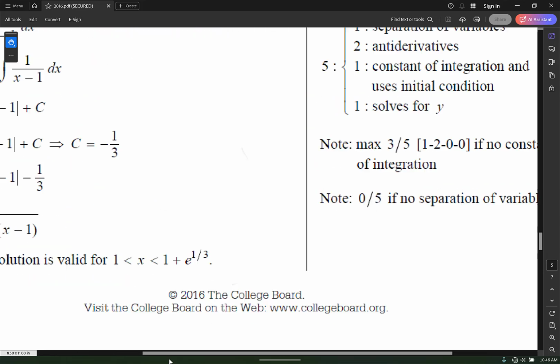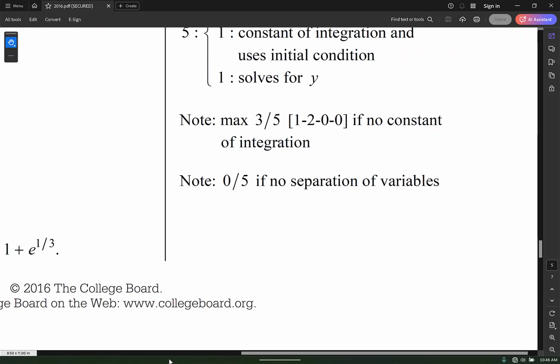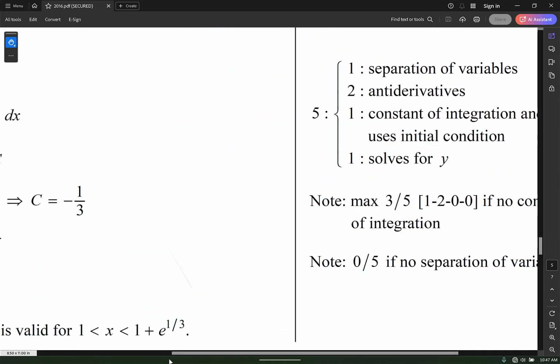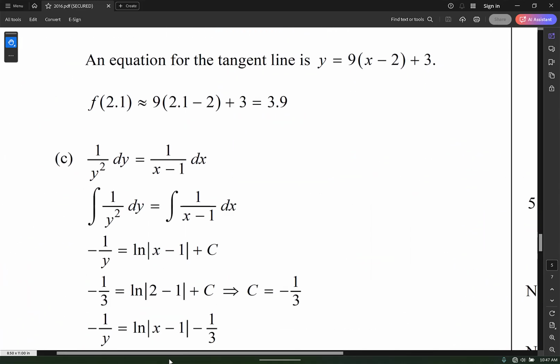Look, I want you to notice the note. What does it say for the bottom note? If you do not separate the variables, you don't get any points. Why do they do that? Because some students, let's say you had dy/dt equals ky, can go right off the bat and say it's an exponential function, y equals, and just write it out.